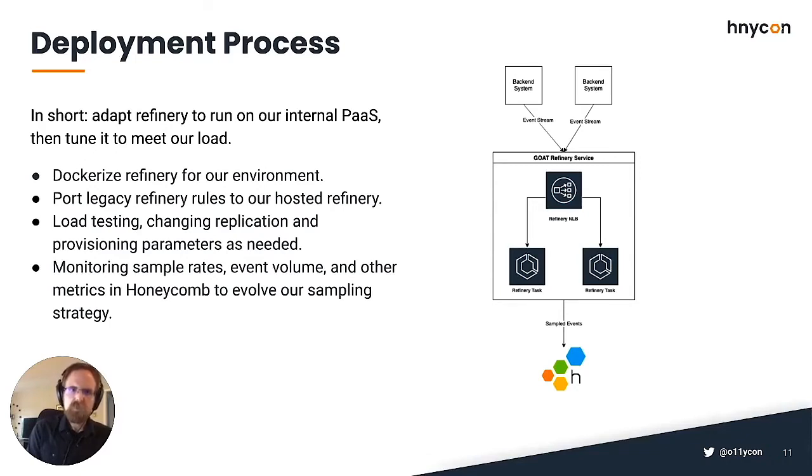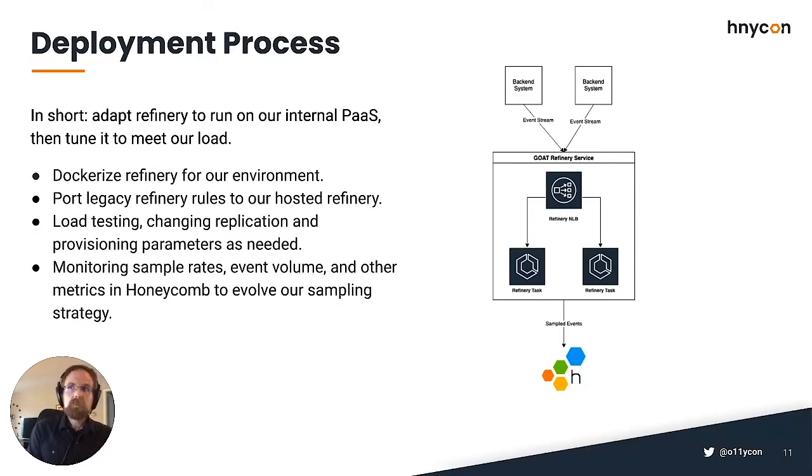The hard part, and there's a lot of work encapsulated in that third bullet point, was load testing and changing our replication and provisioning parameters for Refinery within our internal platform as a service.